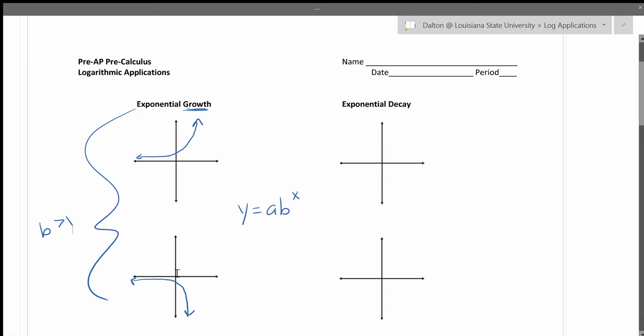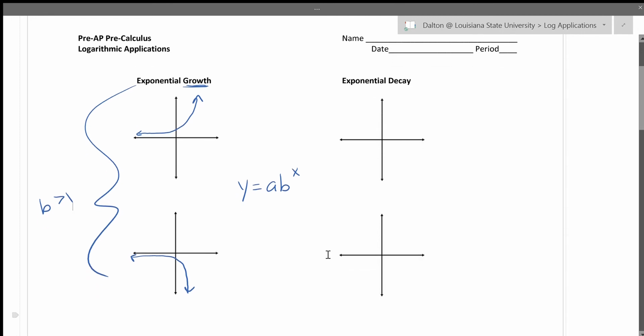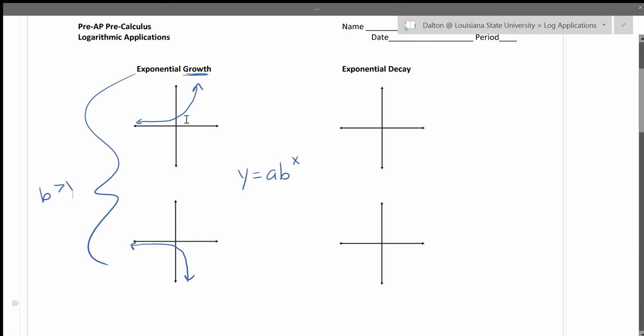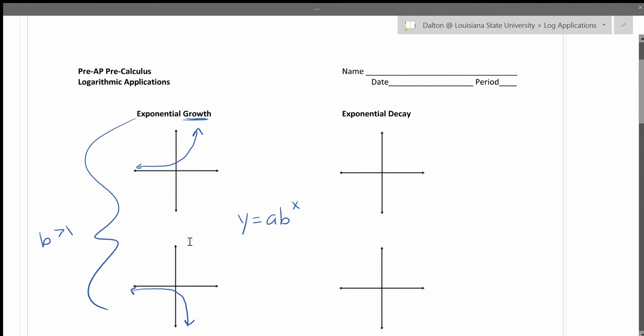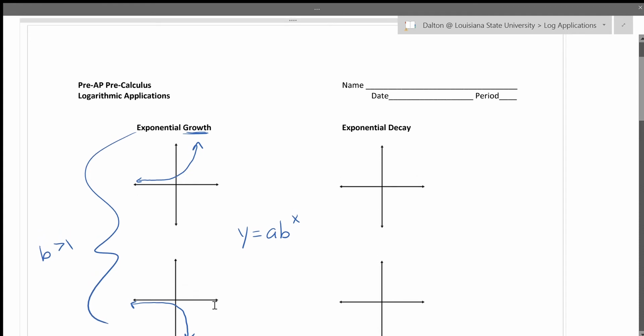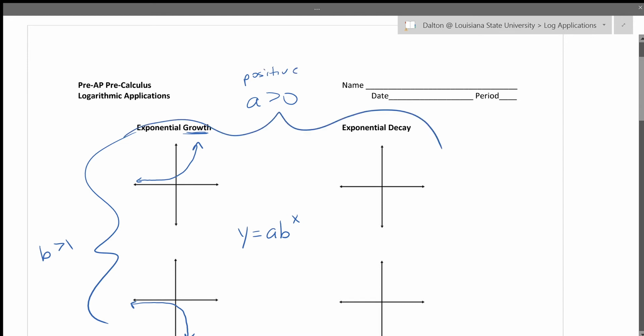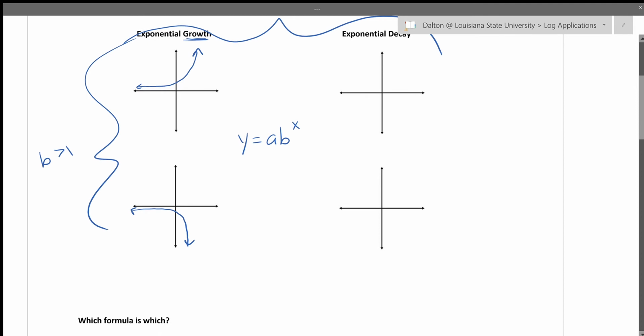Even though this one is reflected over the x-axis, this one's shooting up, this one's going down, b is greater than 1. Now, the thing that makes those stand apart from each other is that because this one is going up, this is a scenario where a is greater than 0. A is positive, if you prefer words instead of numbers.